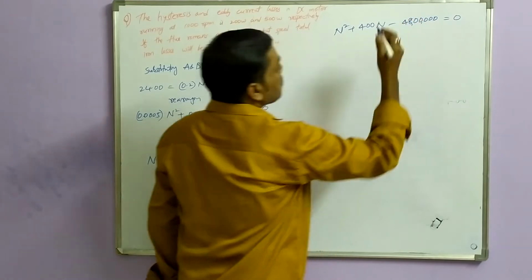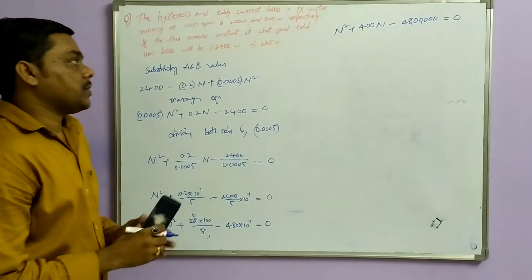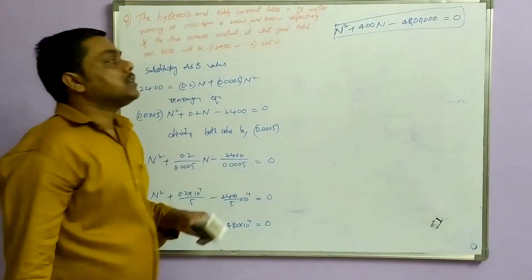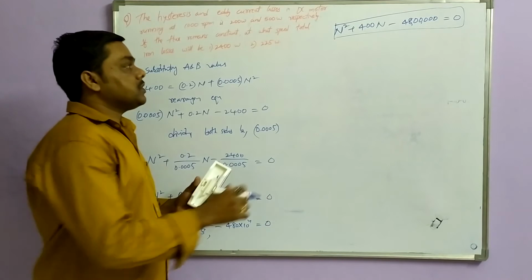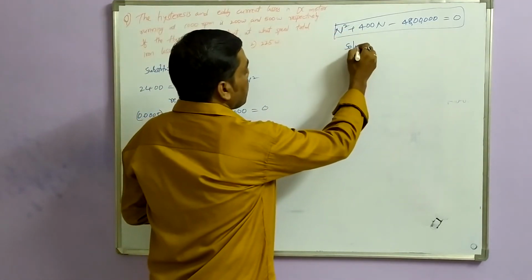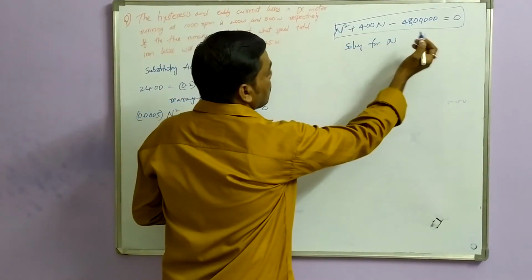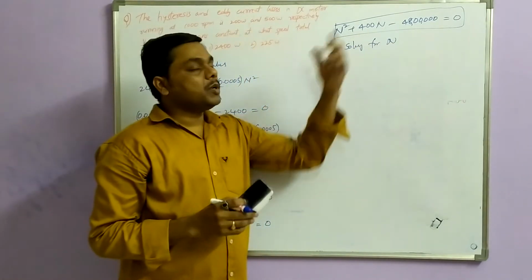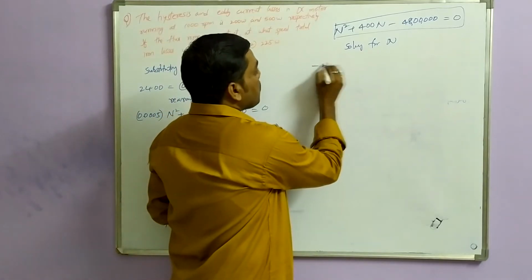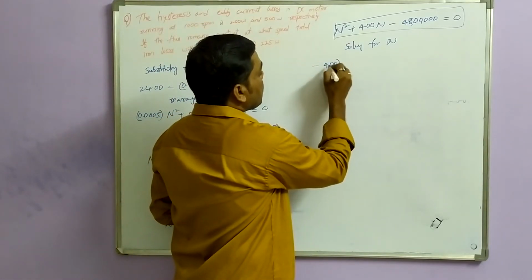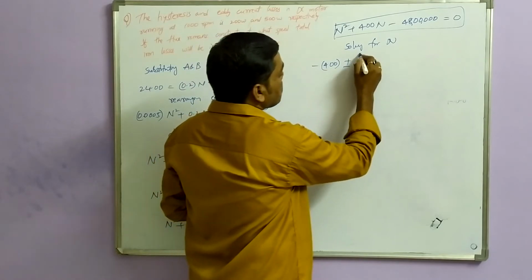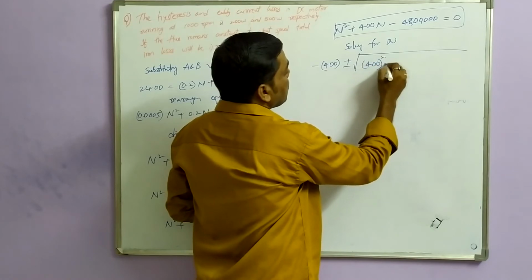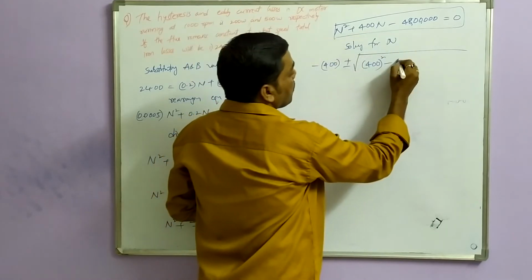So you can see 48 into 10 power 5. Now for this, if you calculate the roots, that means solving for n, you will get, so the formula we know for quadratic equation, minus b plus or minus, so minus b is nothing but 400 plus or minus, so b square is nothing but 400 square minus 4 into a.